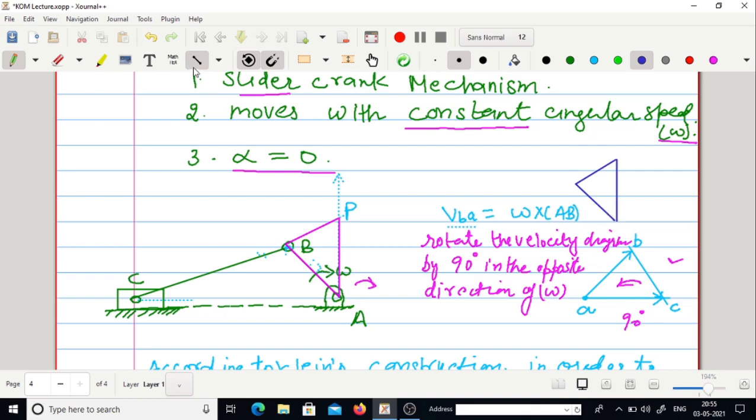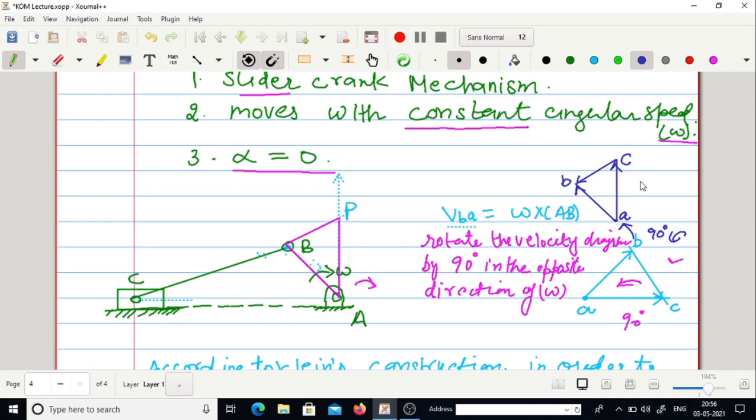So this is obtained by rotating this particular triangle by 90 degrees in the anti-clockwise direction. So this is point A, this is point C, this is point B.